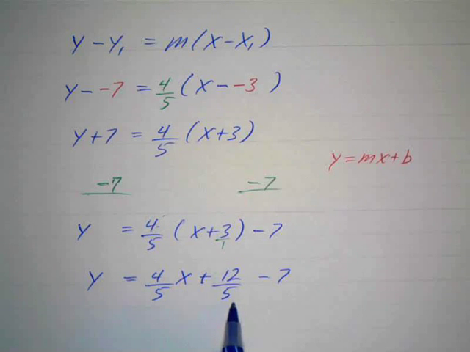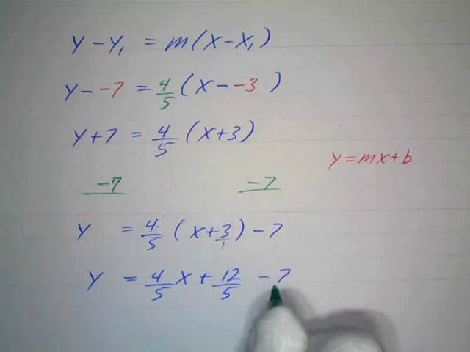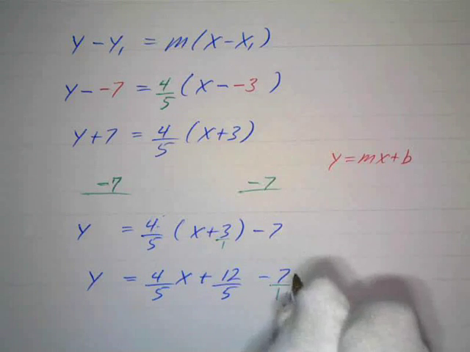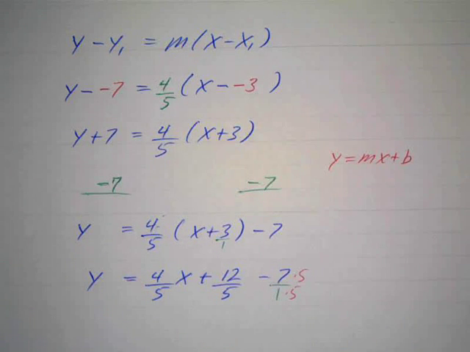Now I want to add these. In order to add these, I have to have a common denominator. And remember, 7 is the same thing as 7 over 1. The least common denominator will be 5. So I'll multiply the top and the bottom by 5.